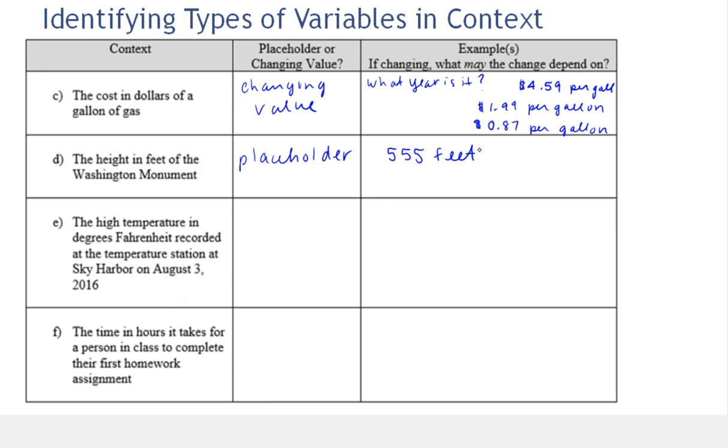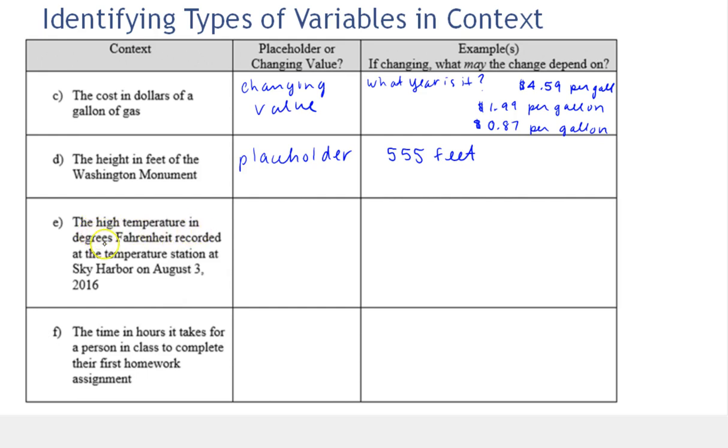I think it's a little bit less than that, but if you round up to the nearest foot, that's how tall it is. So we could define a variable that represents the height in feet of the Washington Monument, and this would be the value for the variable. Whether we decide to use this number or not doesn't matter, because now we're in algebra, so we can just define it with a letter.